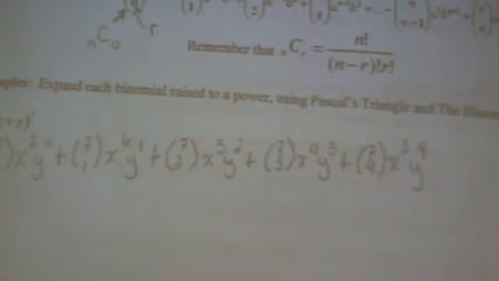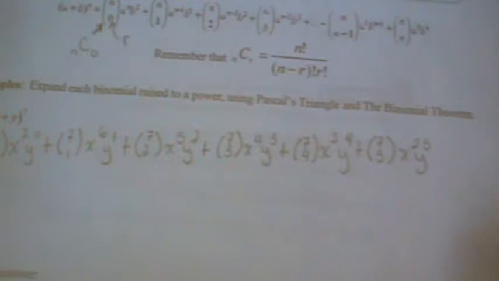Our next term, 7 over 4, x cubed, y to the 4th. 7 over 5, x squared, y to the 5th. 7 over 6 is our next combination, x to the 1, y to the 6th.